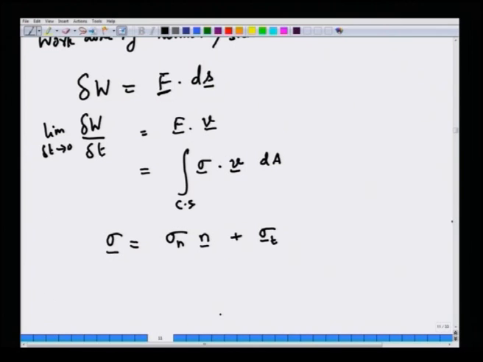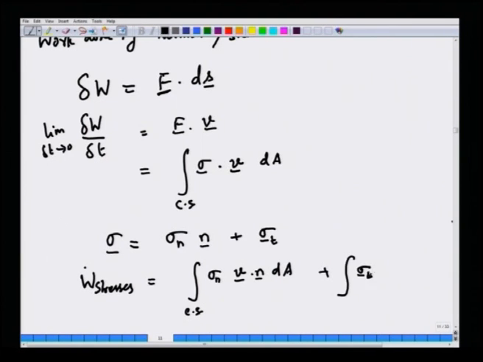So, the rate at which work is done, W dot, due to fluid stresses, is nothing but the integral of sigma n times V dot n dA over the control surface, plus the integral of sigma tangential dotted with V dA.